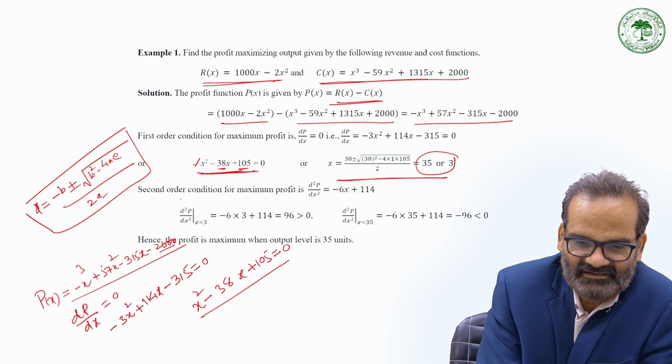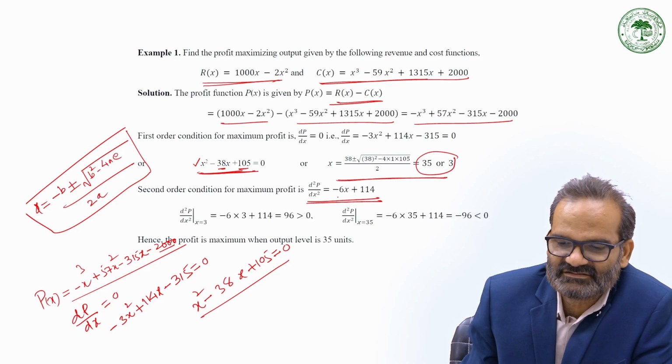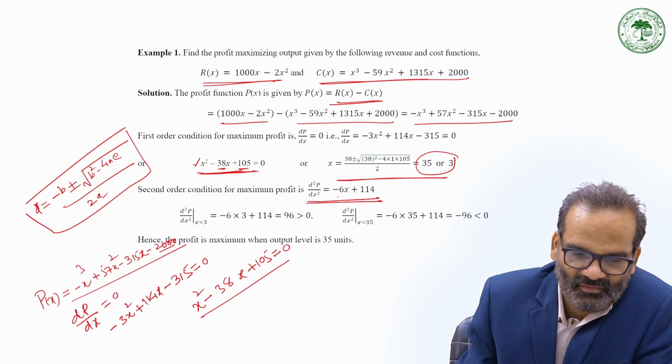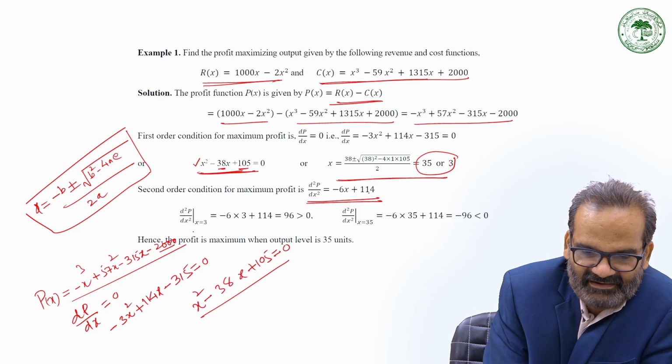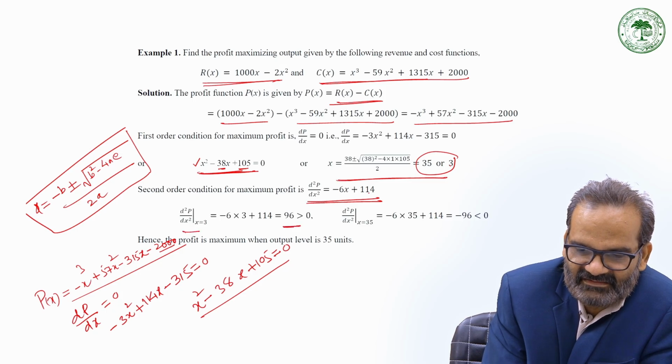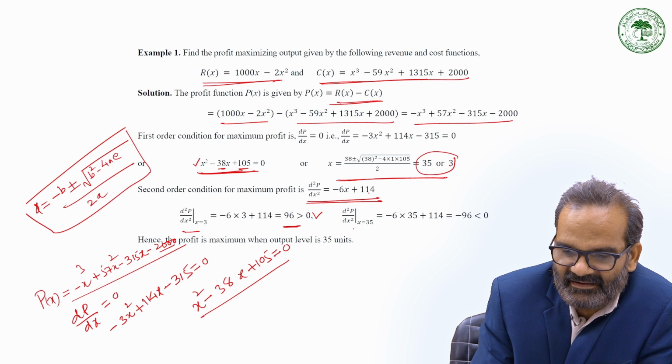So the second order condition for maximum profit: d square p over dx square is minus 6x plus 114. This is your second derivative. Now put x equal to 3. At x equal to 3, the second derivative is coming out to be 96, which is greater than 0. And at x equal to 35, the second derivative is coming out to be negative 96.